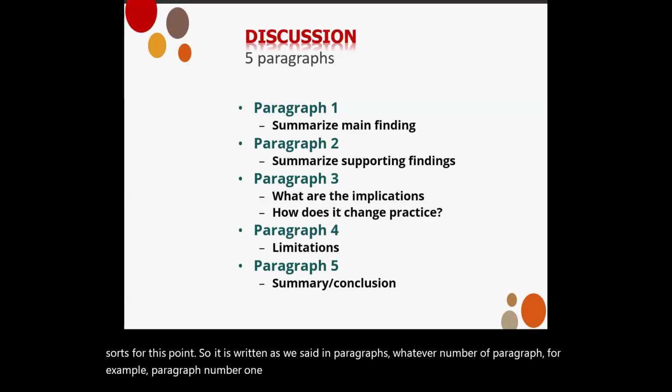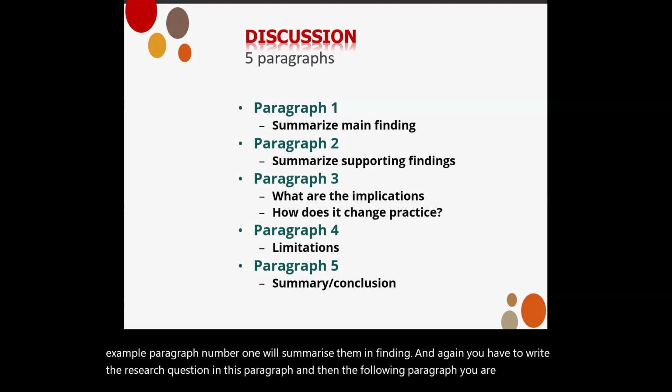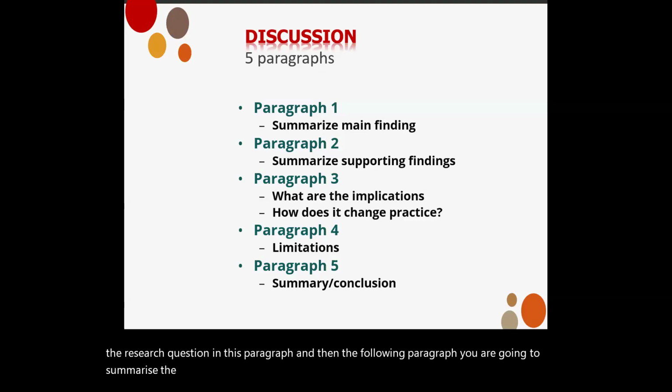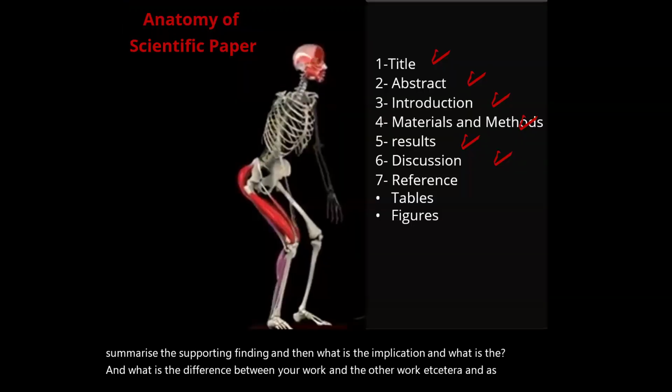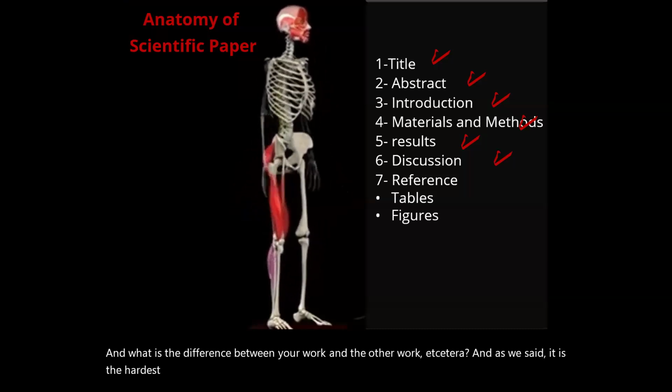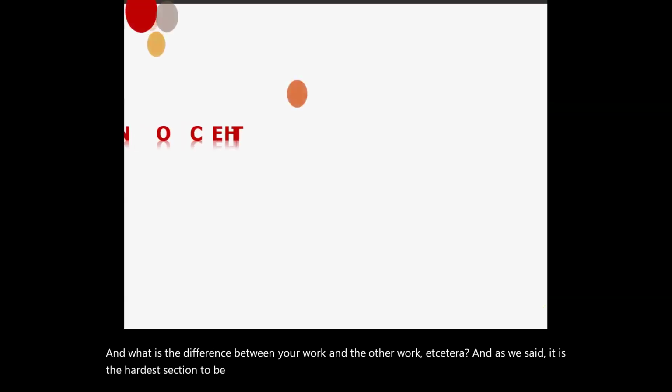And again, you have to write the research question in this paragraph. Then in the following paragraph, you summarize the supporting findings. And then the implication, the limitation, and the difference between your work and the other work, etc. And as we said, it is the hardest section to be written in the manuscript.